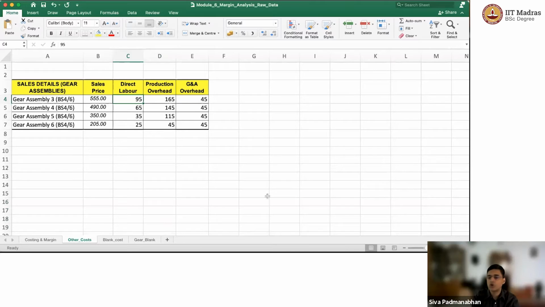The third one is production overhead. If you look in the factory, you can see that some of the components you can directly cost, which is the direct material. And some people are working on the lines that are specifically used for making gear assembly 3. But you'll find a lot of the cost in the factory cannot be directly connected to one product.